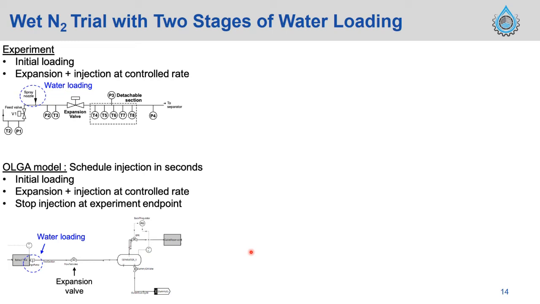With the Olga model, I followed the same system, but in this case I scheduled the water injection in seconds. So I matched the amount of initial water, then expanded the system, and then continued the water injection. I also stopped the injection at the experiment endpoint to match the two systems, the experiment and the Olga model.